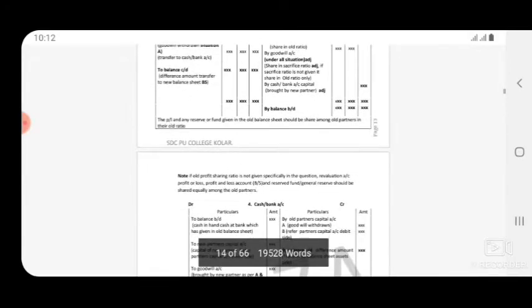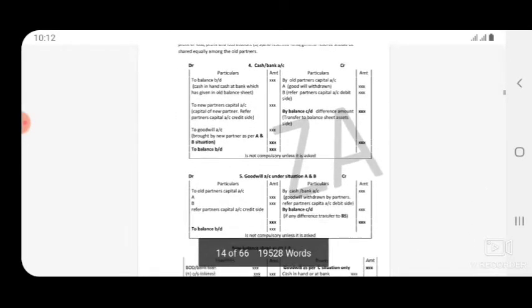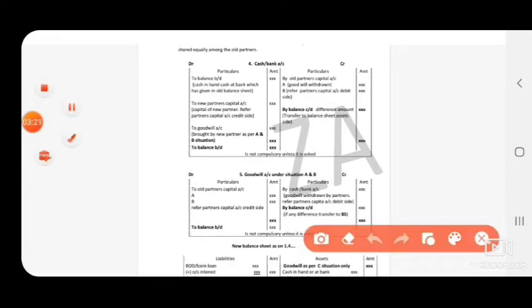Next, this is a cash account. First, in the cash account, we have to transfer the balance which is given in the balance sheet: to balance brought down, cash in hand or cash at bank, which is given in the old balance sheet. Then the new partner's capital.